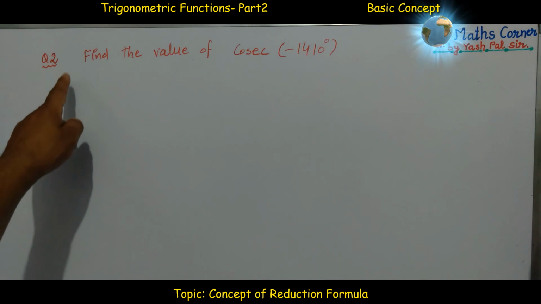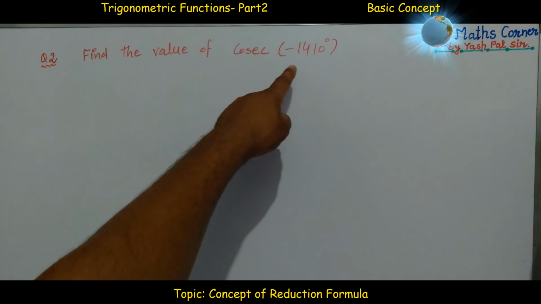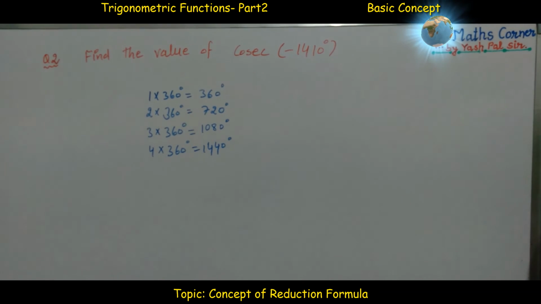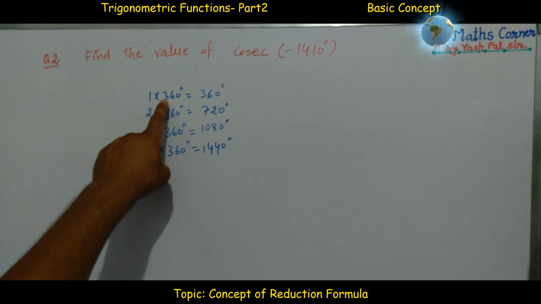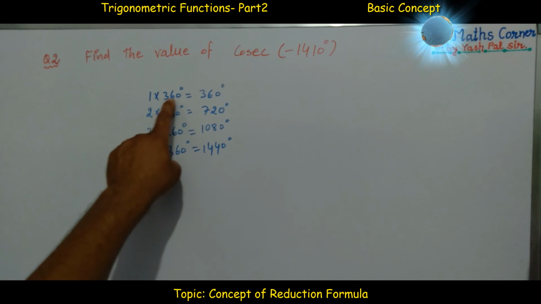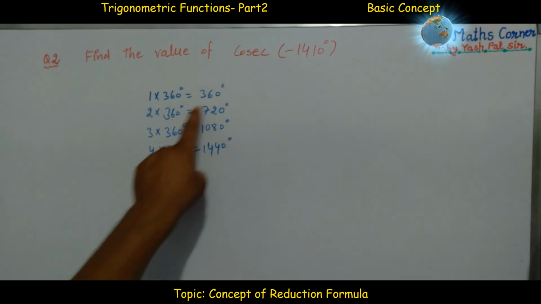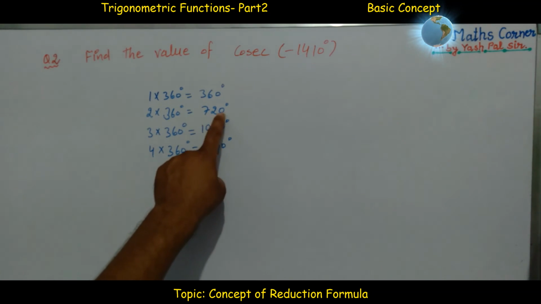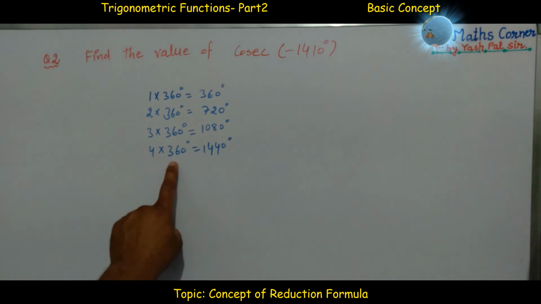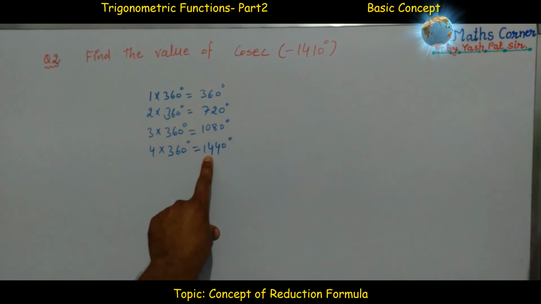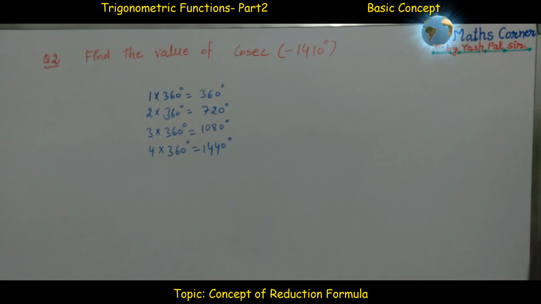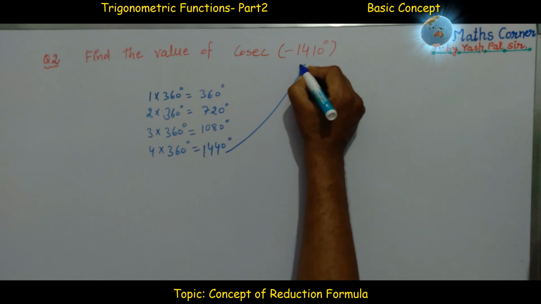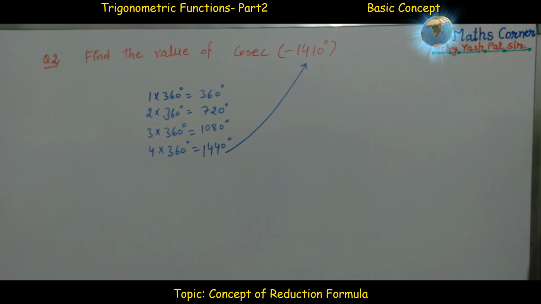Question number 2. Find the value of cosecant of minus 1410 degree. Now consider this multiplication table. 1 into 360 degree, 2 into 360 degree is 720 degree, 4 into 360 degree is 1440 degree. So we see this is very close to 1410 degree.